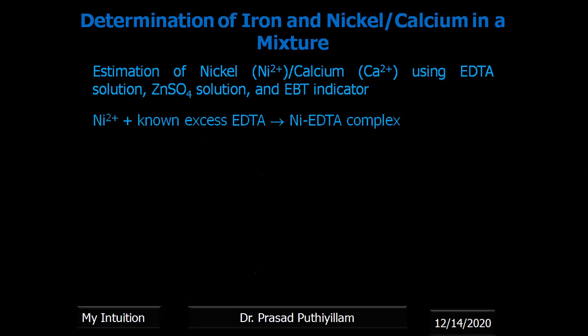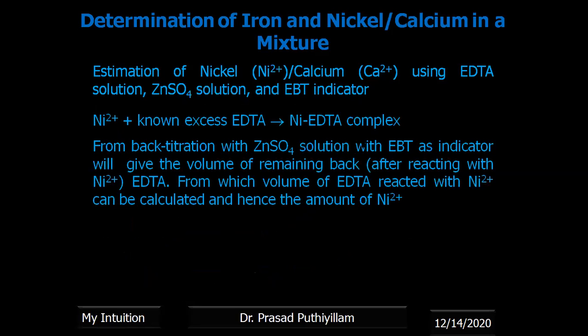How to estimate nickel or calcium? It has to be treated with an excess amount of EDTA. EDTA will react with the nickel to form the EDTA nickel complex, or EDTA will react with the calcium ion to form the calcium EDTA complex. That is the reaction. After reacting, whatever is remaining back, so here excess EDTA, a known amount, is added. Usually in our lab we take 25 ml of solution and treat it with 30 ml of EDTA.